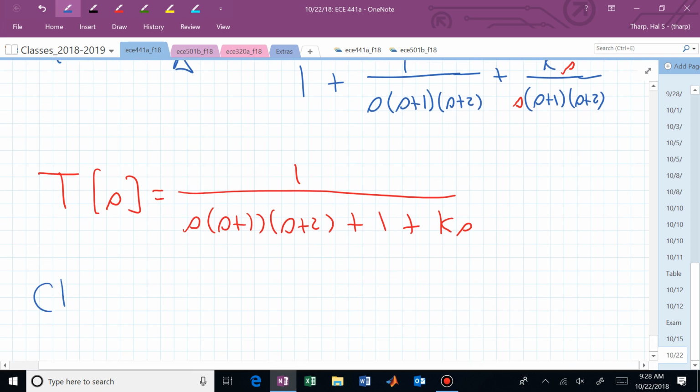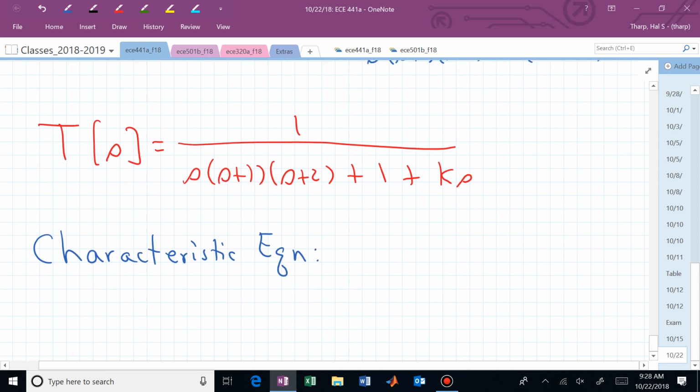Our characteristic equation is now determined by setting the denominator polynomial equal to 0. So here is that overloaded notation. Maybe I should use, didn't I say sometimes I would use Q?